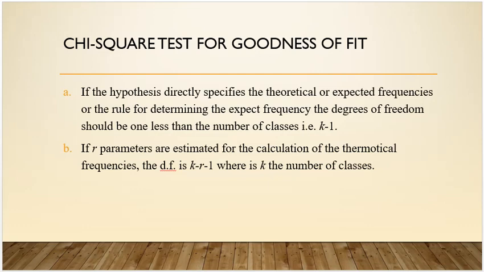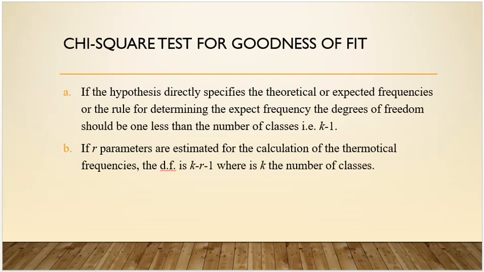If you are going to estimate r parameters, then your degrees of freedom is k minus r minus 1. k is the number of classes of the final group, or the number of observations of the final data, based on which you calculate the theoretical frequencies and the chi-square.